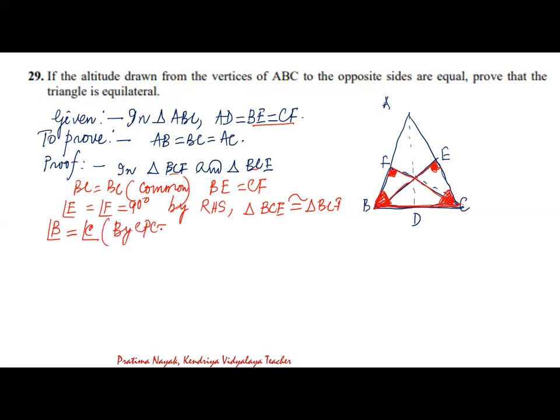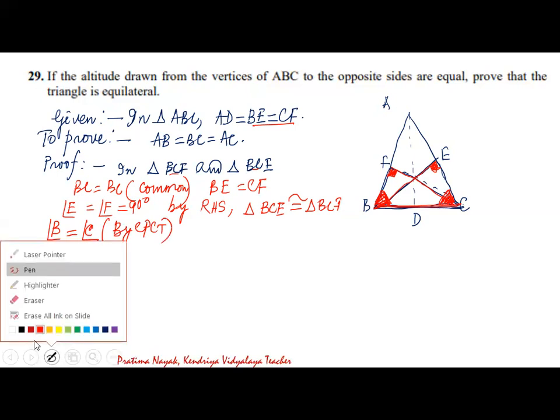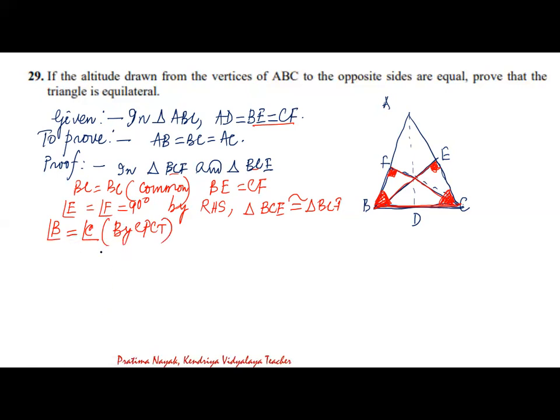So what if two angles are equal? You know that when two angles are equal, the opposite sides are equal. So if angle B is equal to angle C, then AC is equal to AB. I hope it is clear.